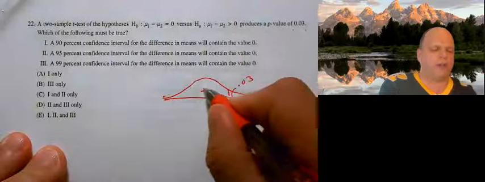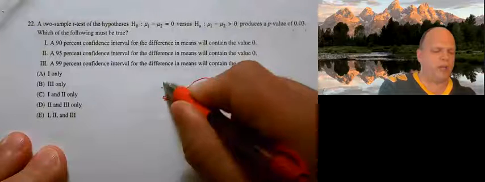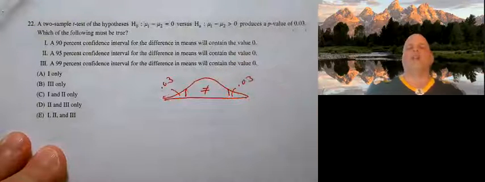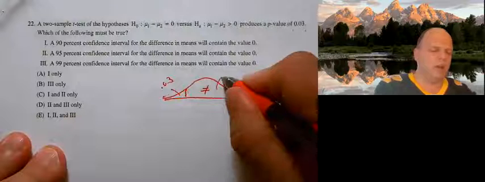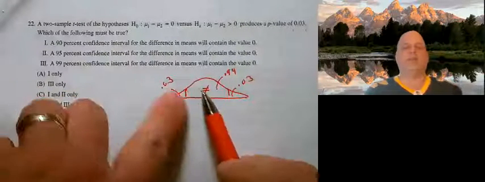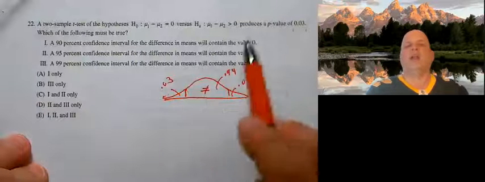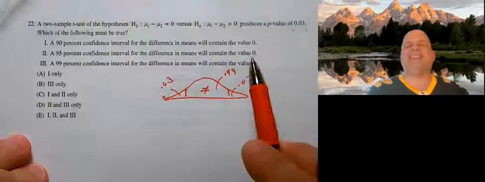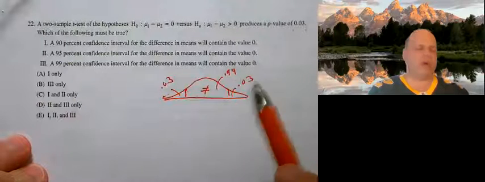All confidence intervals are two-tailed tests, so we have an additional 0.03 in the center, which means we only have 0.94 because these have to sum up to 1. Now, to be statistically significant, you cannot contain 0.